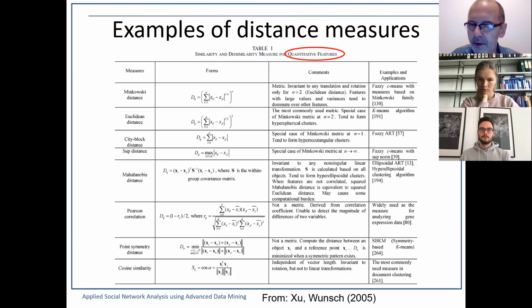So here we have another expression, quantitative features, also called numerical features, but we know that it refers to interval scale or proportional scale or absolute scale. So similarity and dissimilarity measures, where dissimilarity is understood as distance, couple of distances, and there is point symmetry, distance, cosine similarity. Okay.